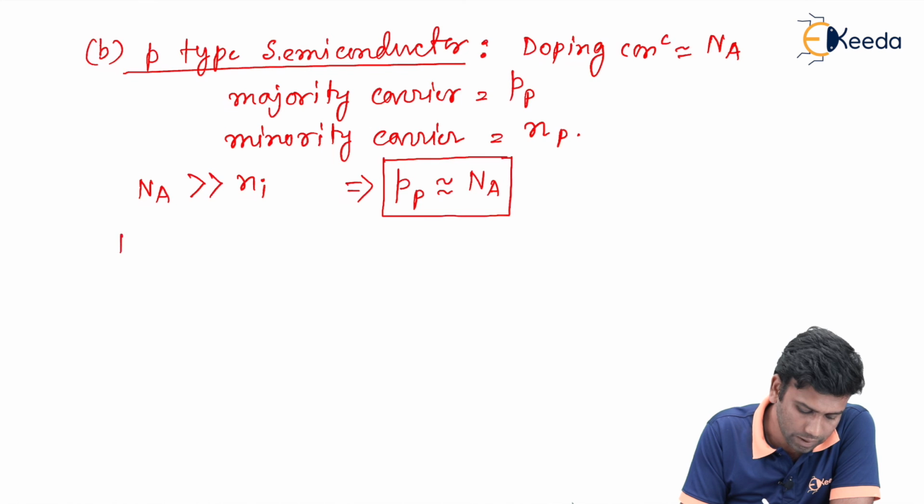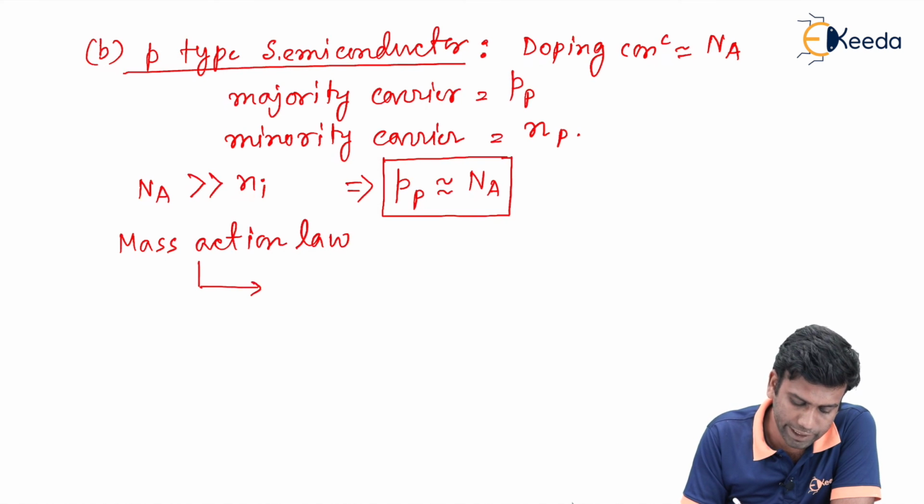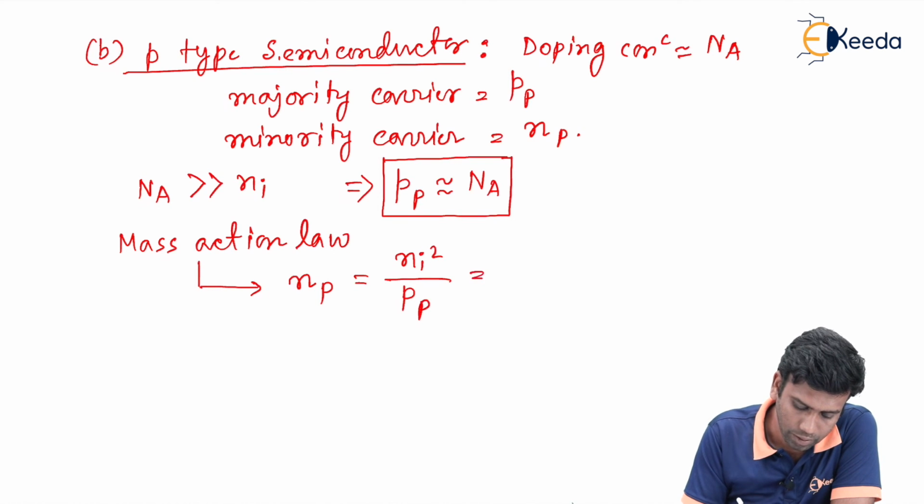Similarly, from the mass action law, we can find the value of the minority carrier concentration, that is Np equals Ni square divided by Pp, where Pp will be given by Na.